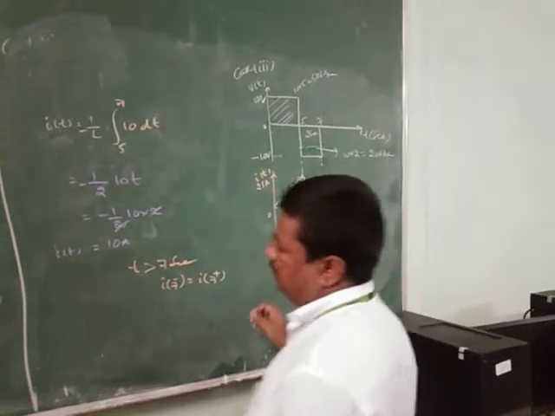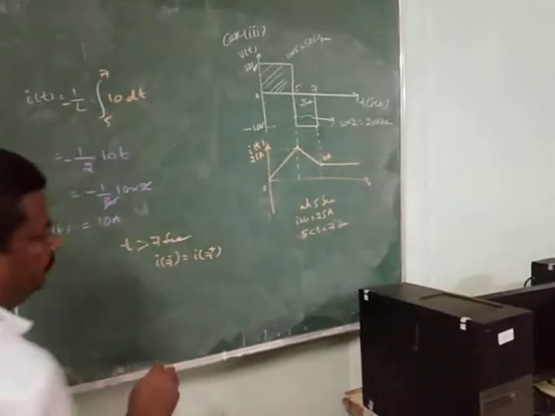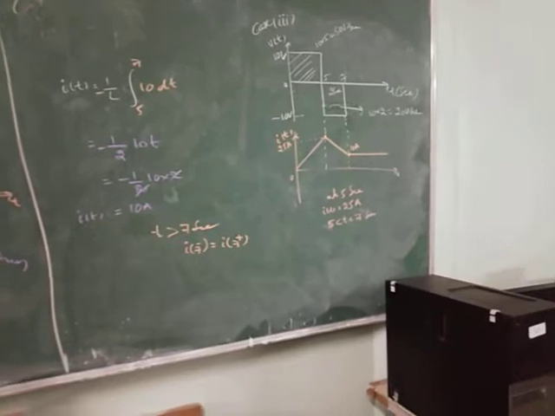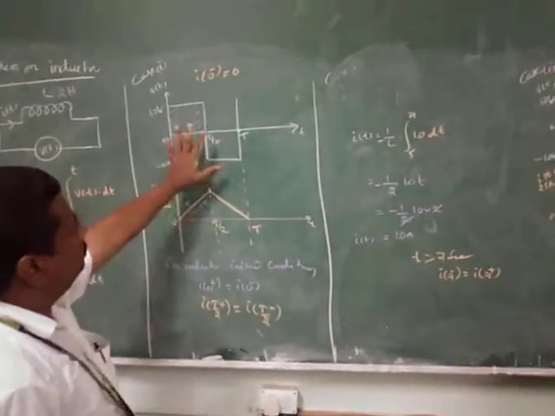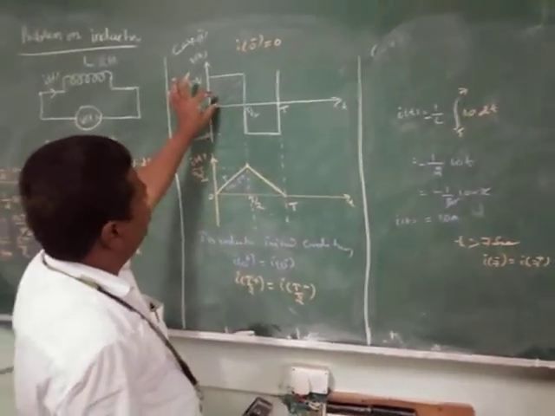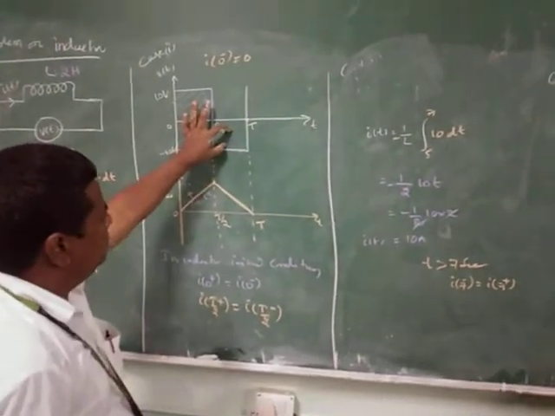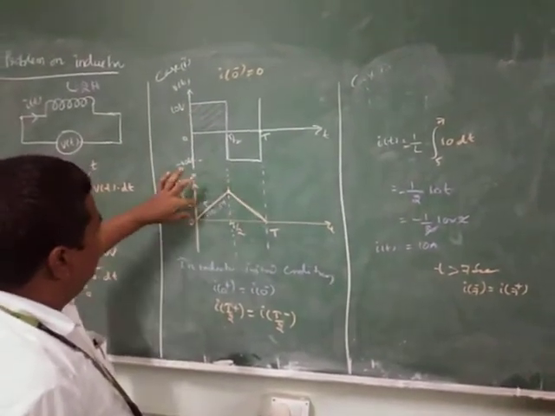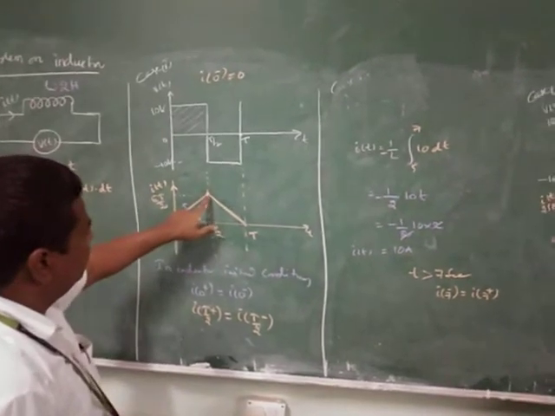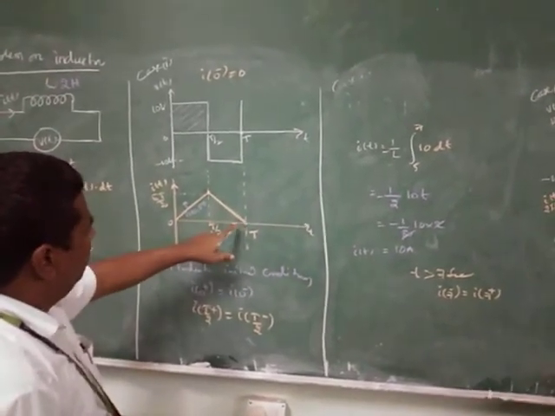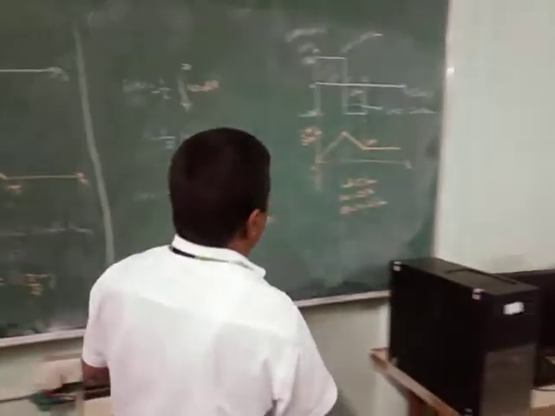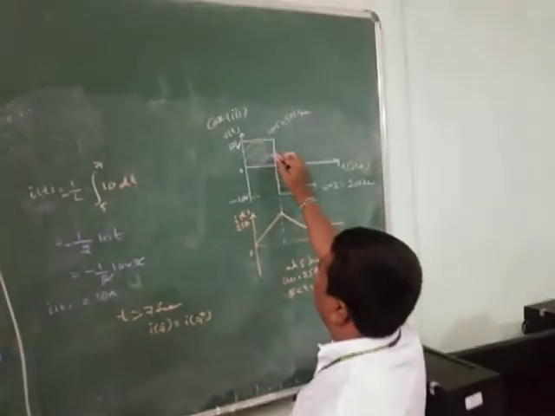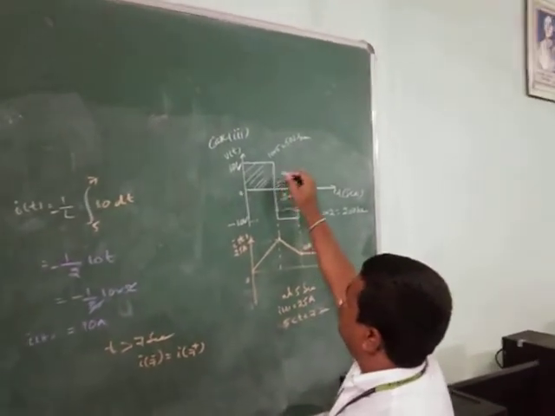Like that you have to find the current through the inductor based on the input waveform. Once again, in the first condition it is a square wave, so the area above the 0 axis is equal to below the 0 axis. That's why we get the current in the positive direction as well as the negative slope, and finally the current is equal to 0.